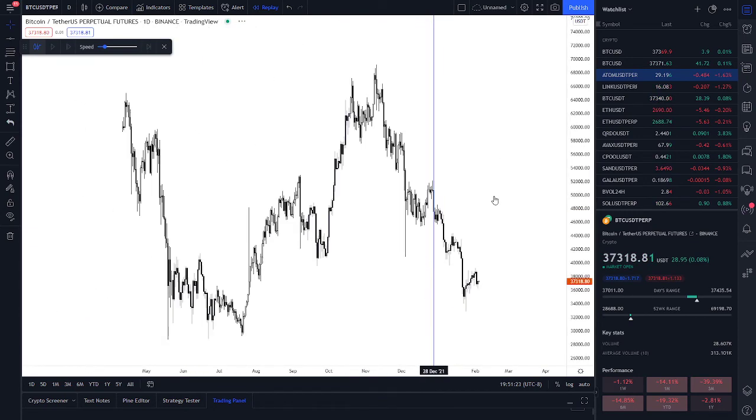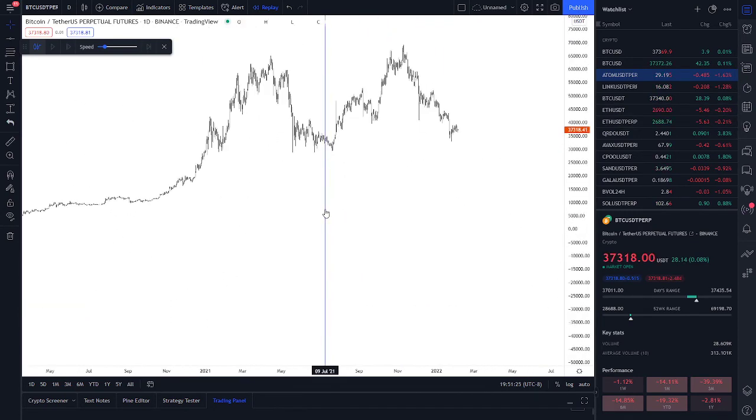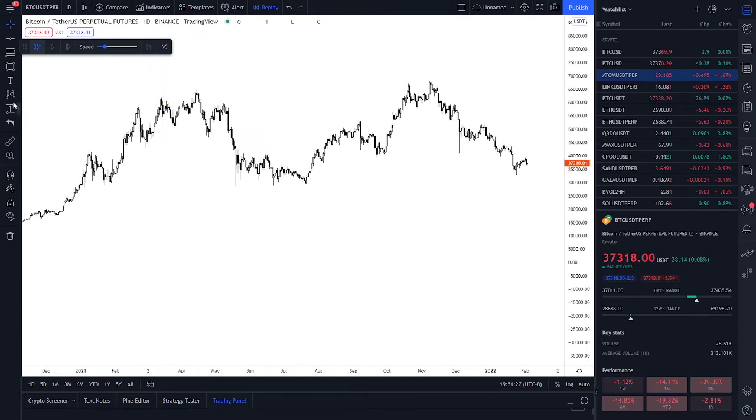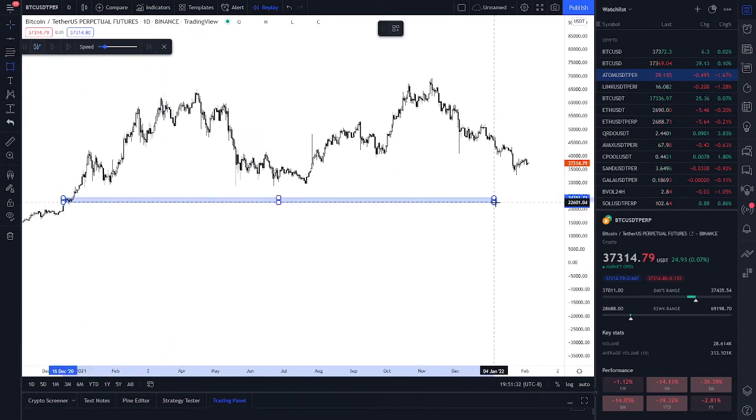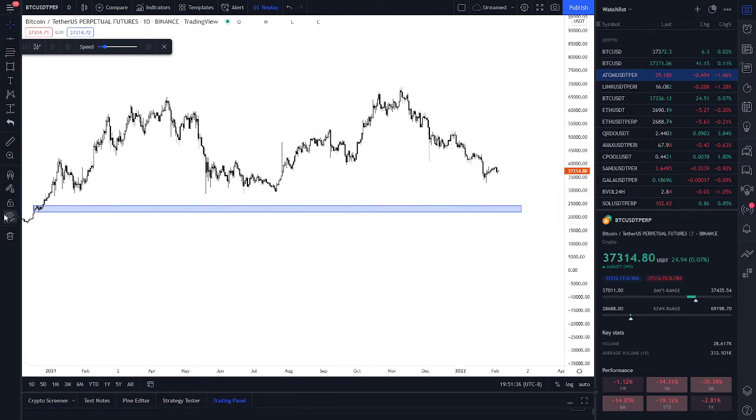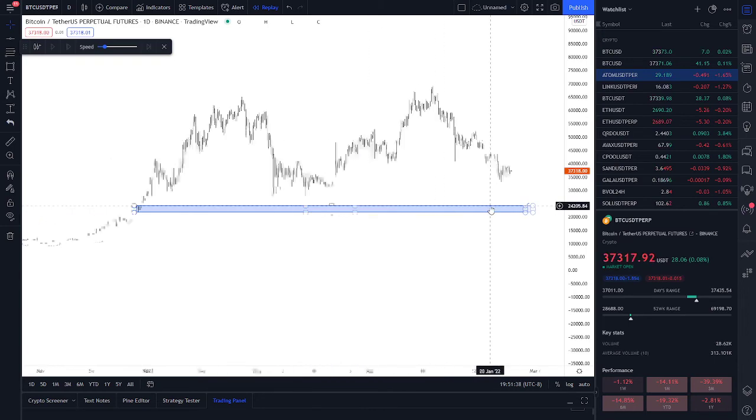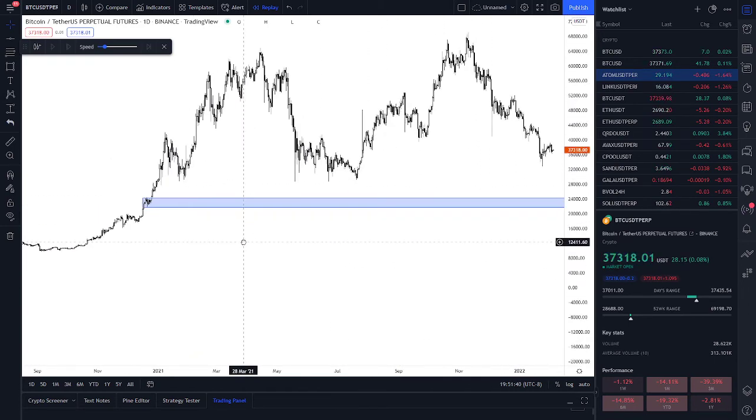Supply zone. Well, before I do that, here is why everyone thinks 29K is a prominent level and also 25K. There is a demand zone that has not been touched. Eventually it's going to fill.